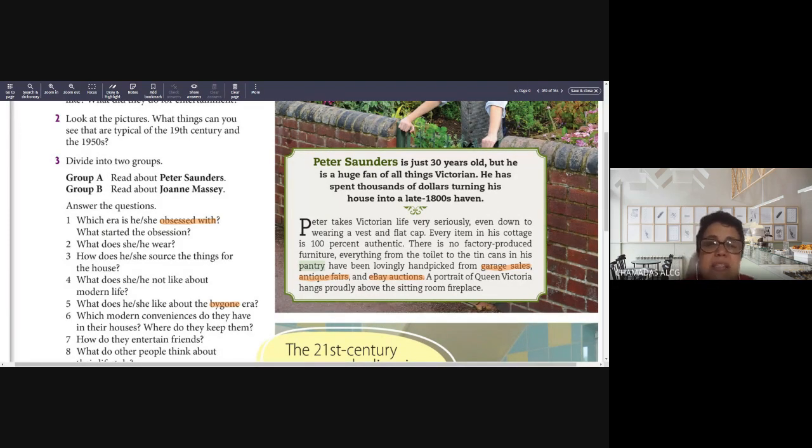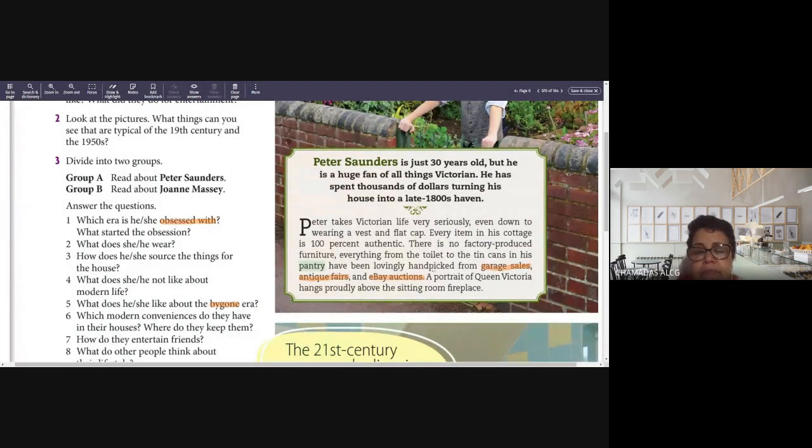When they don't want something anymore, they hold a garage sale. They open the garage and they put everything they don't want anymore there, and they sell for a very good price. They call the neighborhood, and when they move to a new place, to a new neighborhood, they usually do this.